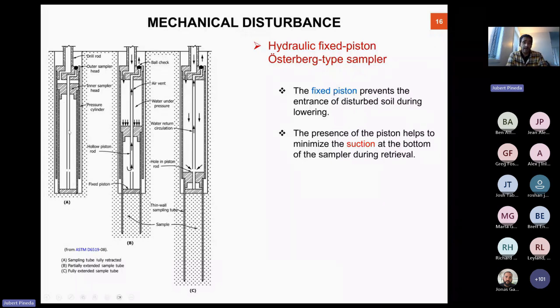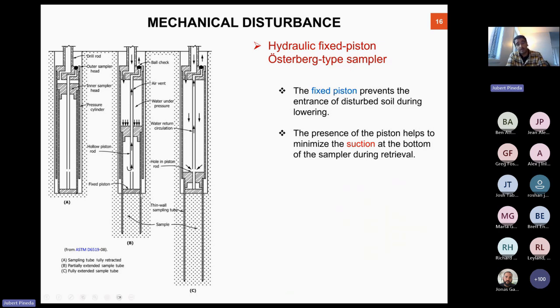Once we reach the target depth, we use hydraulic pressure in this internal cavity to push this inner sampler head. This one is going to push the internal Shelby tube into the ground. The piston is locked from the very beginning, because otherwise we would just push the soil and get no soil into the sampler.